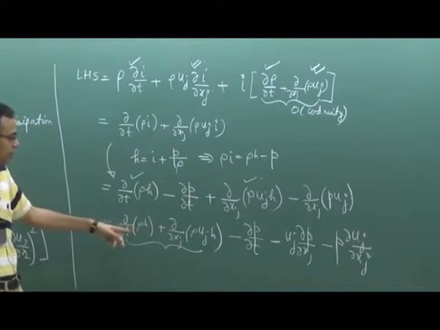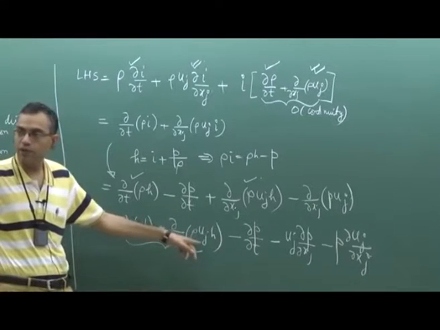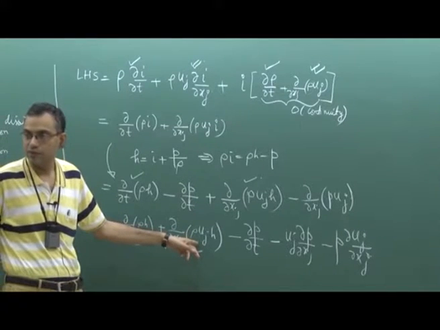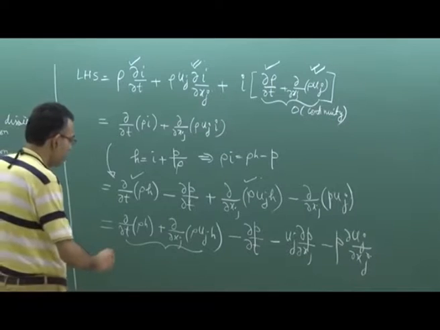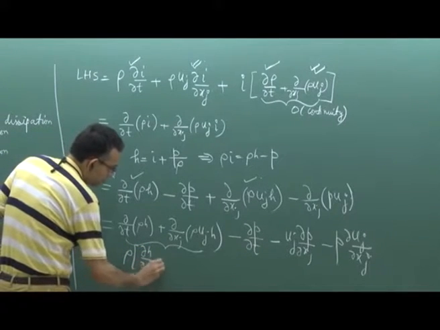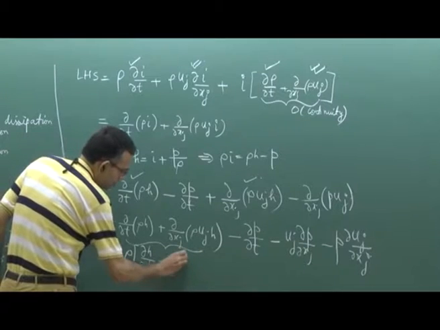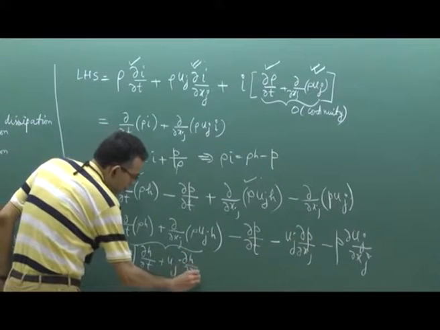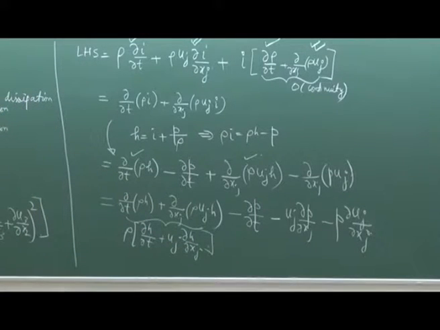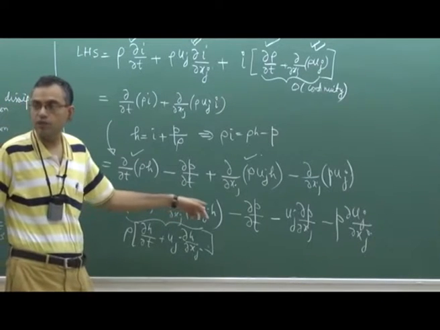You simply use the product rule for differentiating these two terms and use the continuity equation. So if you do that, you will get rho, and the remaining terms will be 0 because of the continuity equation.